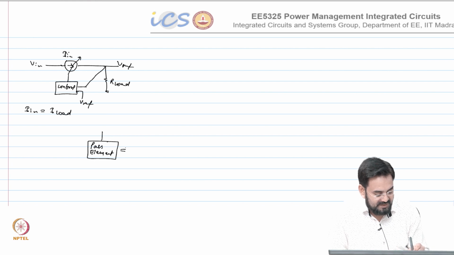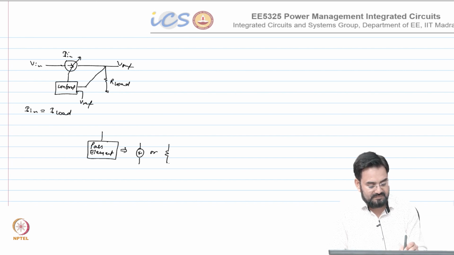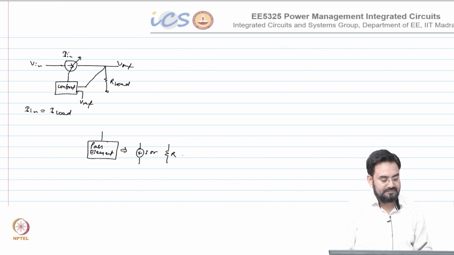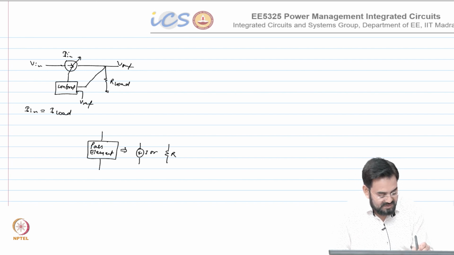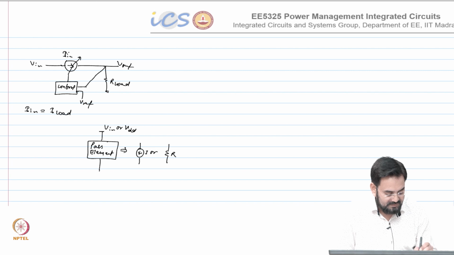Pass element is nothing but your current source or resistor, okay, I or R. This is your V in or VDD, whatever you call it, and this is my V out. This is your R load. This is my V out.